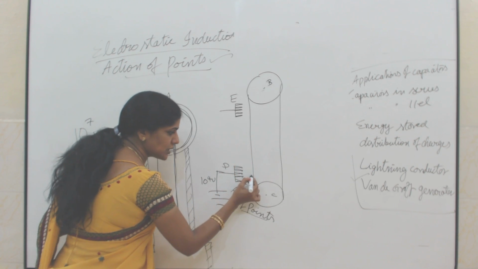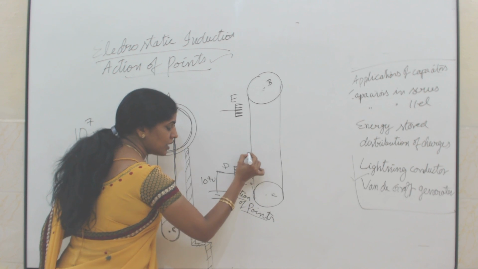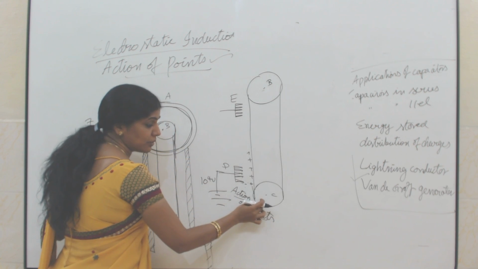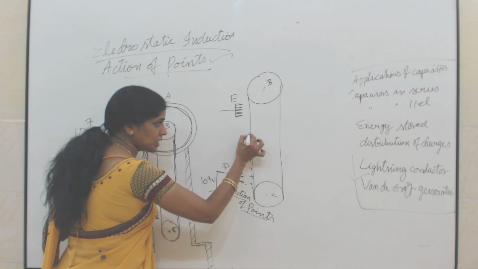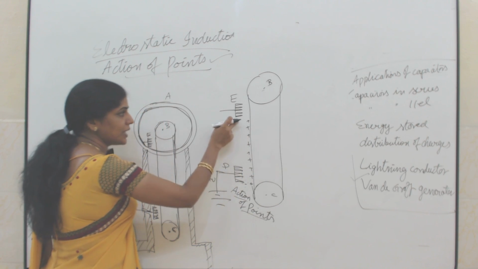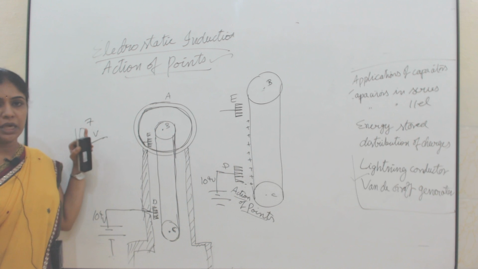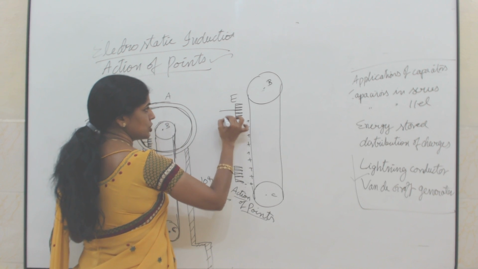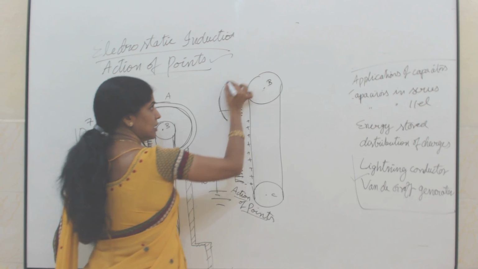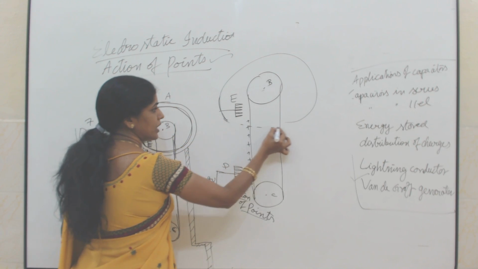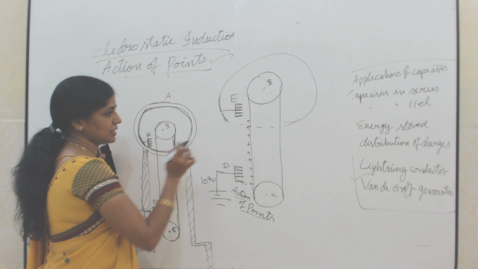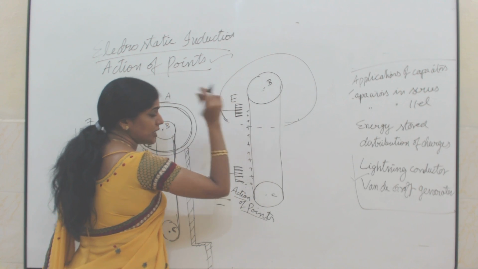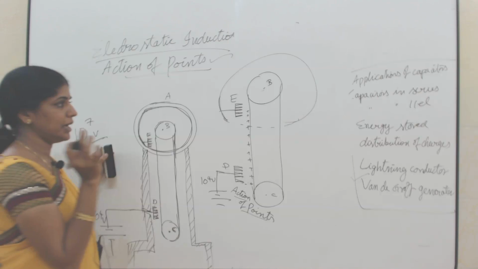These positive charges stick to the silk belt, and since it is running, the positive charges will be carried by the belt till it reaches the comb E. Here E is connected to the inner side of the hollow metallic sphere. When it reaches here, what happens by the process of electrostatic induction?